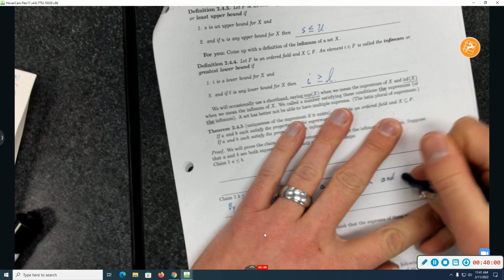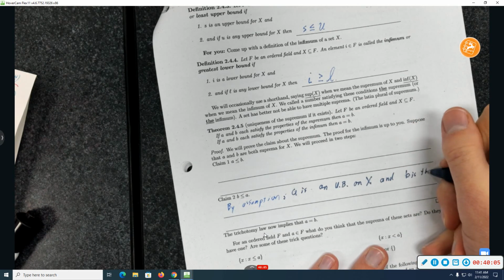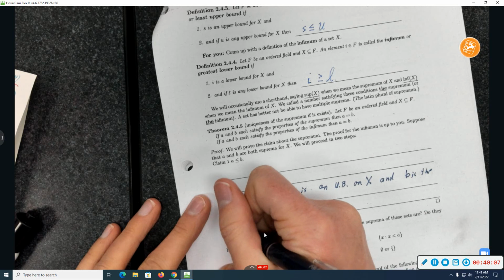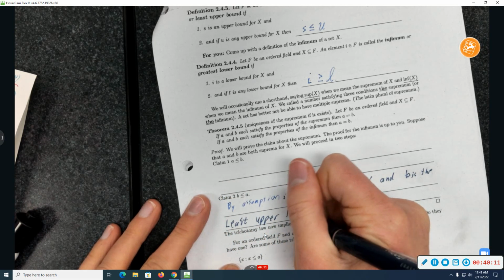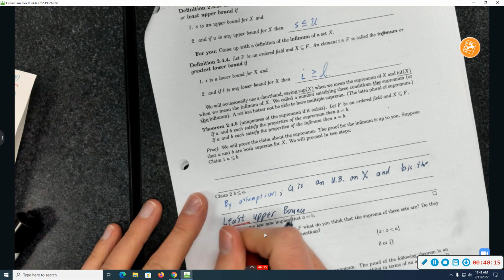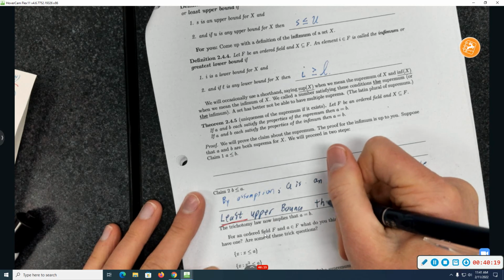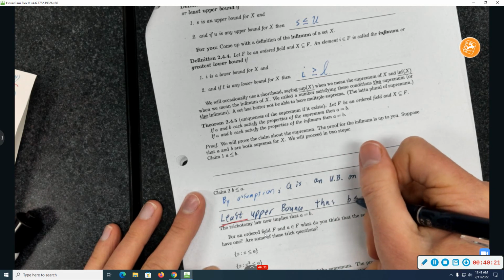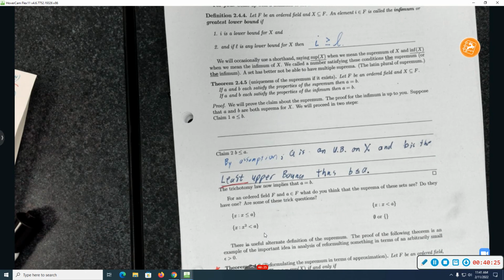And B is the least upper bound, with emphasis on the word least. So A is an upper bound, B is the least upper bound, thus B is less than or equal to A. Do you think the argument that goes in claim 1 is going to look pretty similar? Yeah, I think so.